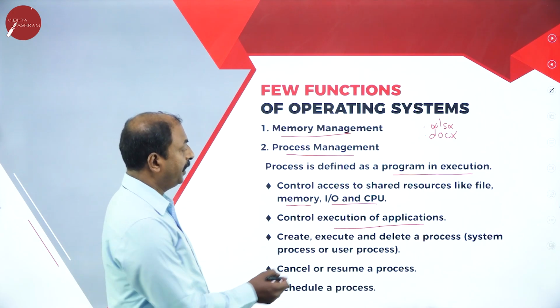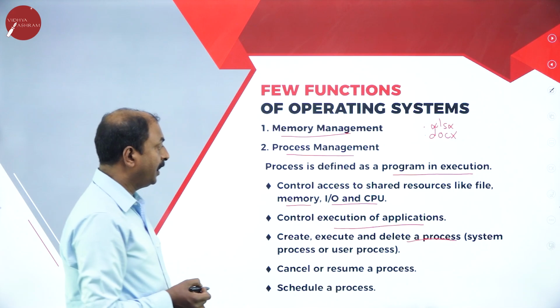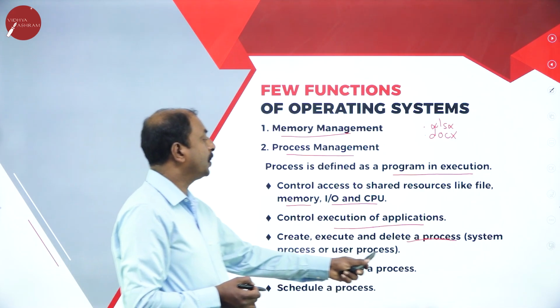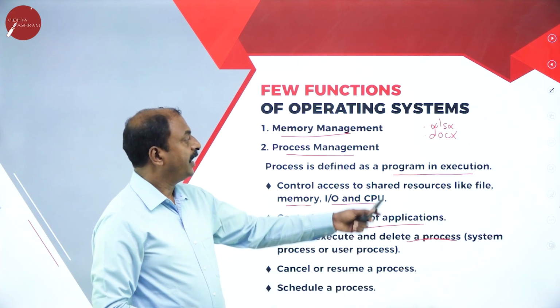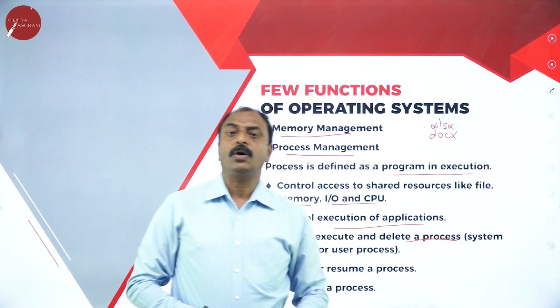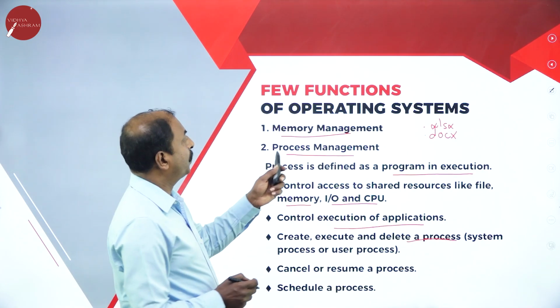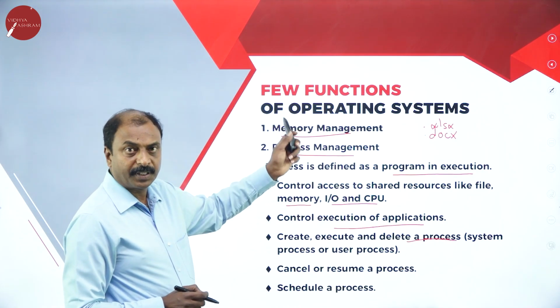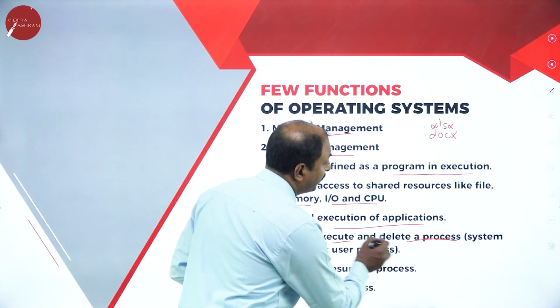Now, create, execute and delete a process. The process can be a system process or a user process. We know the meaning of process: a program in execution. So all processes have to be executed. Here process management is nothing but the operating system helping us to create, execute and delete a process.